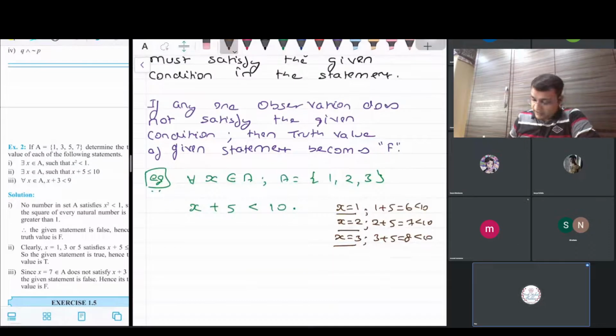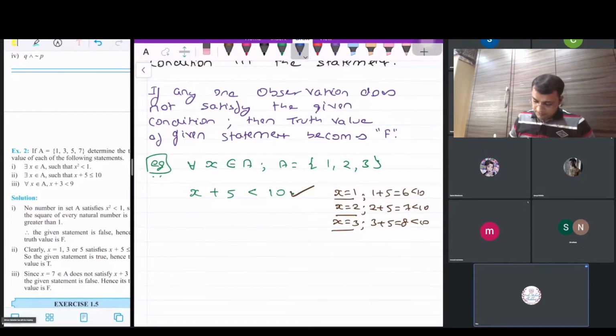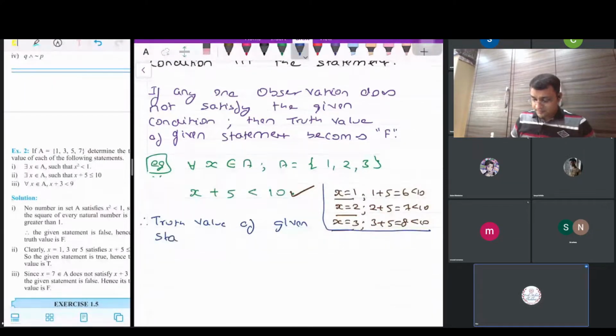So yes, it is getting satisfied by all of them. That's great. So I just have to say, therefore, the truth value of the given statement becomes T.